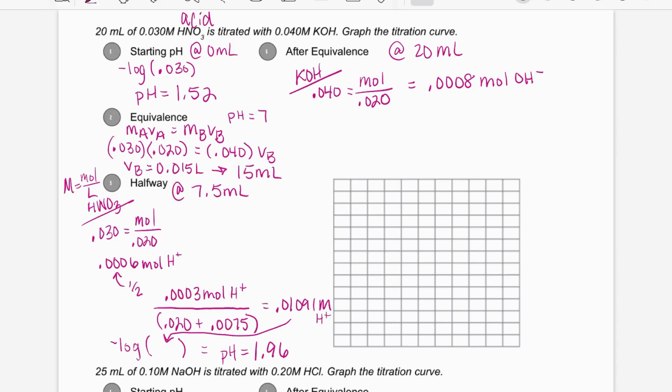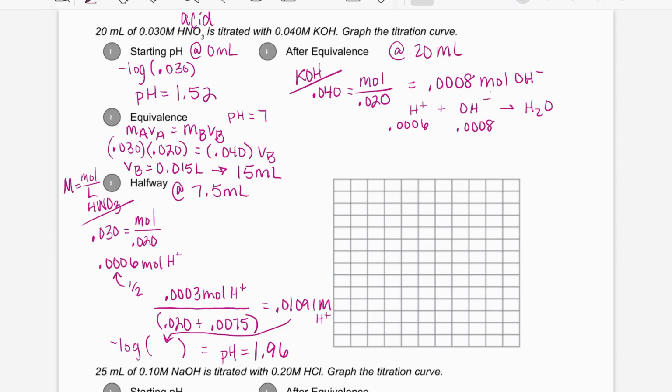Okay, so now I'm going to have an ICE table. When I'm doing titration, I have to use moles to plug in. My initial moles for my hydrogen I found in step number 3, so I had 0.0006. And for my OH, I had 0.0008 that I'm adding if I'm adding 20 milliliters.